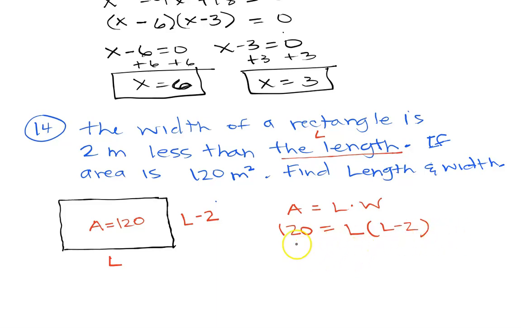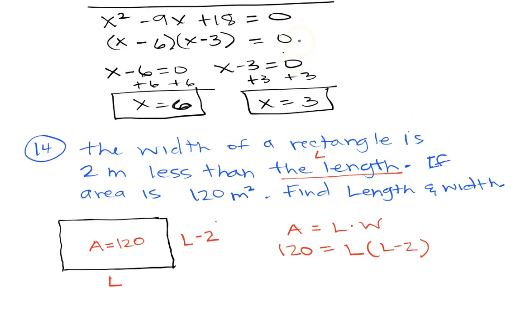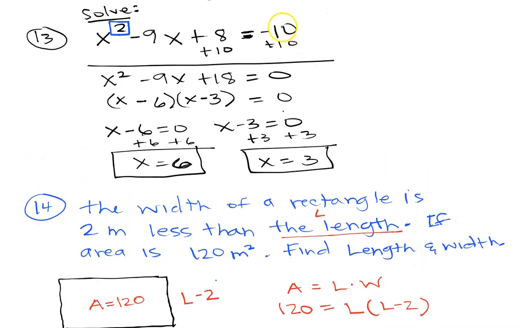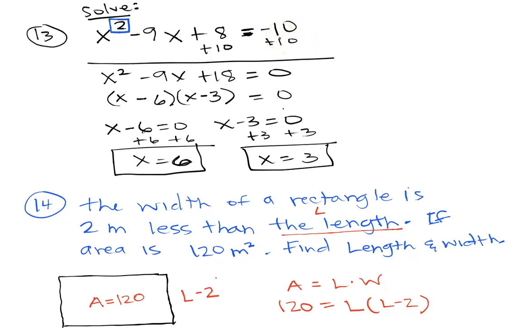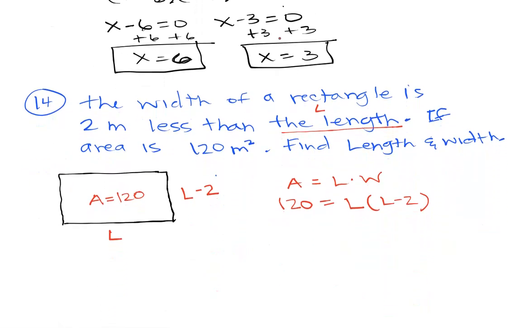Now I'm just trying to solve this for L. Remember up here how I said we had to have everything on one side and set equal to 0 in order to solve that. Same thing is true here, but we also have some distributing to do. So I'm going to distribute this through. I've got 120 equals L times L is L squared, L times negative 2 is negative 2L.